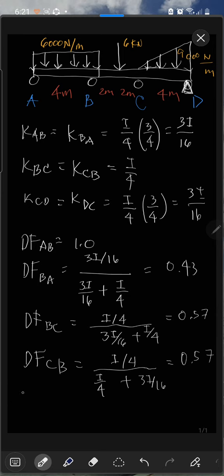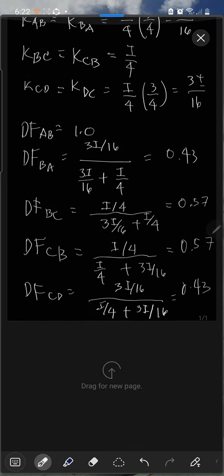The next is DFCD. DFCD is KCD, which is 3I over 16 divided by the summation of K, I over 4 plus 3I over 16. So still, the same value as DFBA, 0.43.